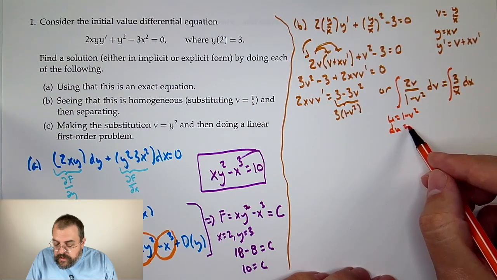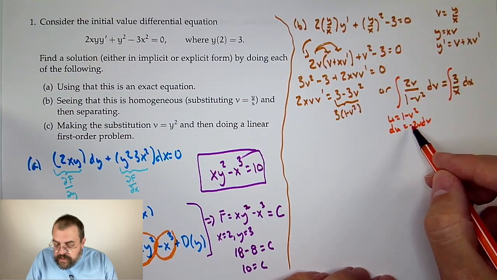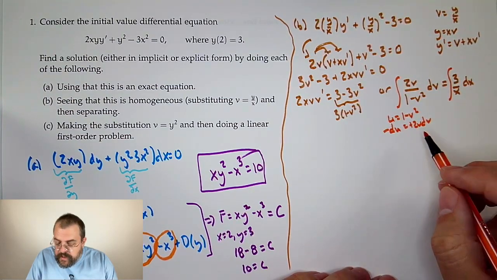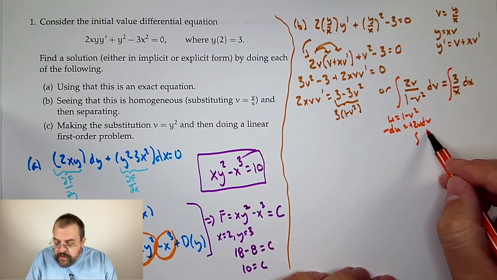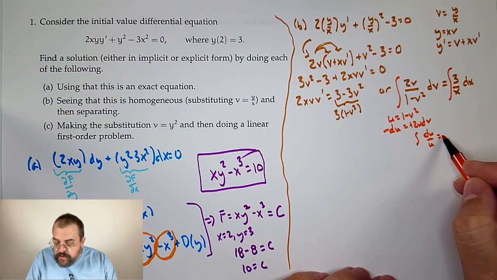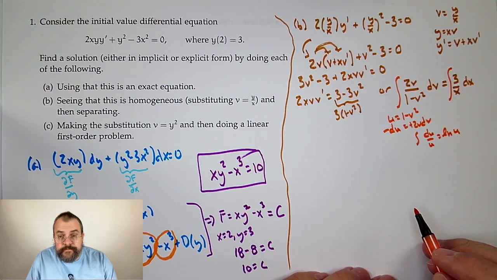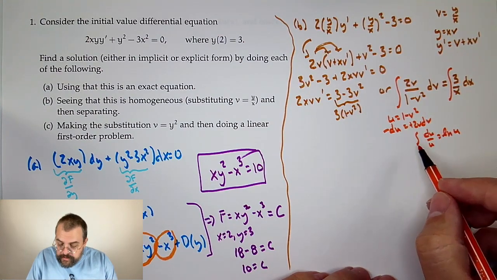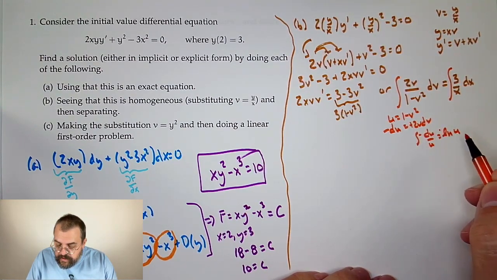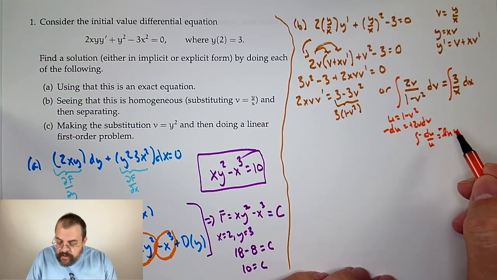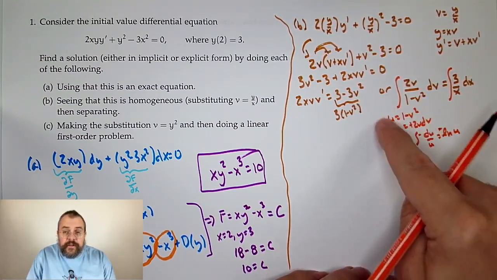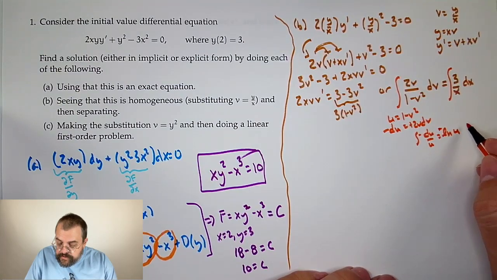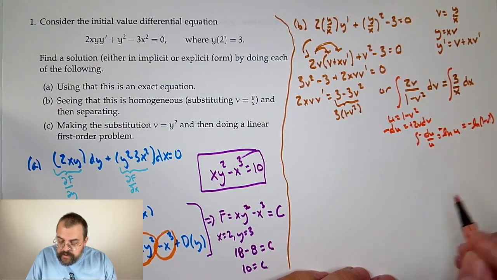So du is minus 2v dv. I can move the minus across. So that this would become integral du over u, which is log u. Well, with the minus, I shouldn't forget the minus. So that's how you handle the left-hand side, which is minus log 1 minus v squared.